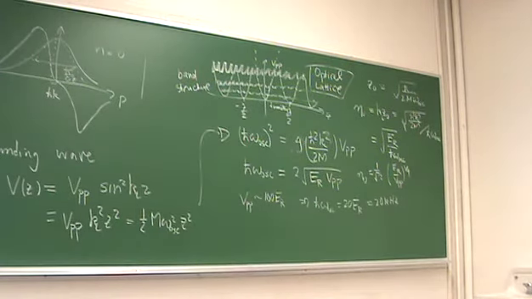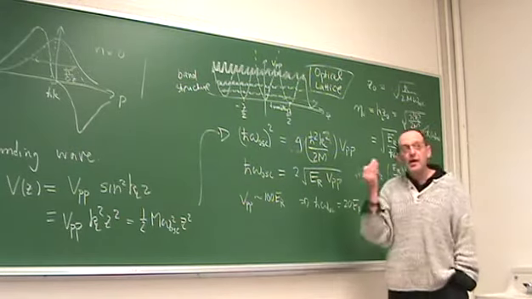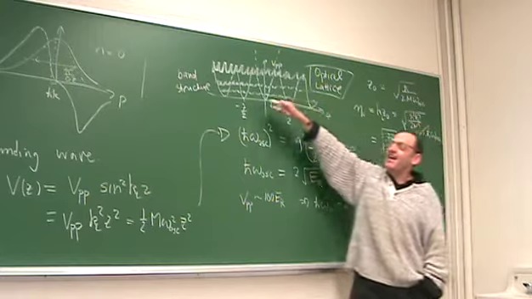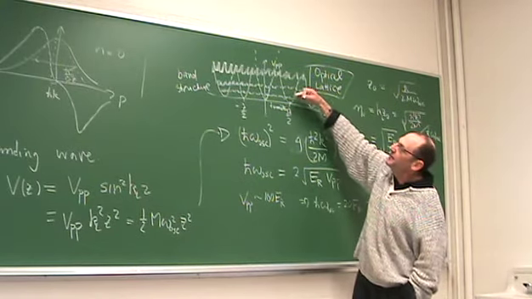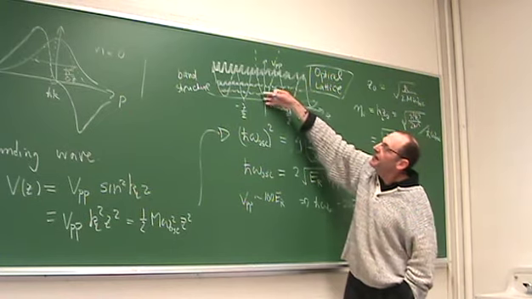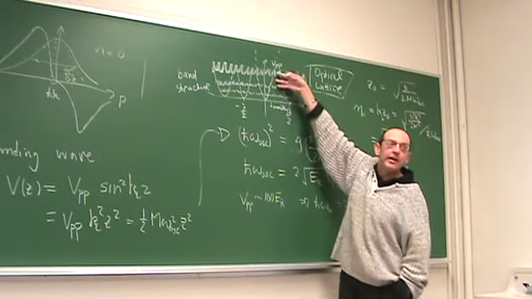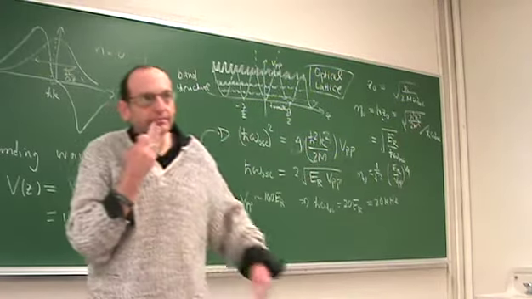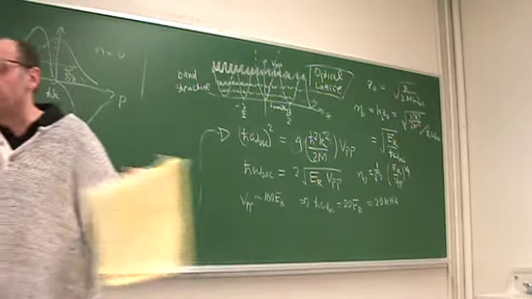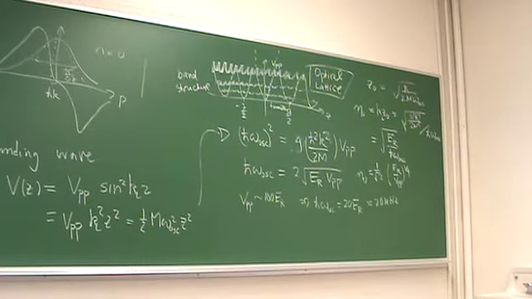So let's try to get a feeling for what's going on here. If you remember from your basic quantum mechanics, if I have a periodic potential, then there are bands of energy separated by energy gaps. How big are those? Well, we can get to a few simple estimates here.